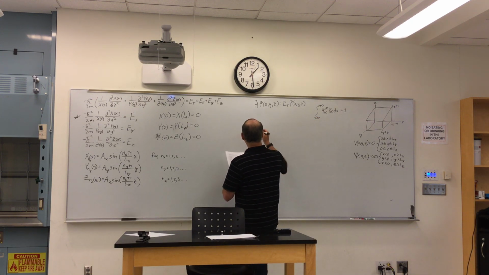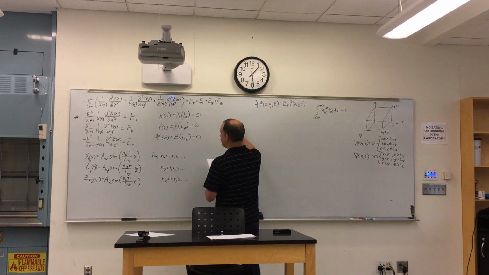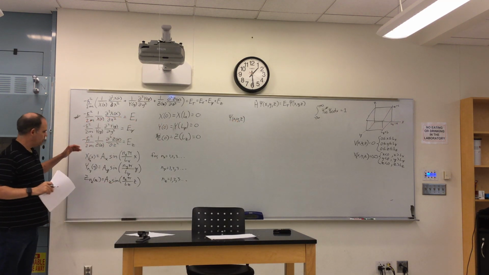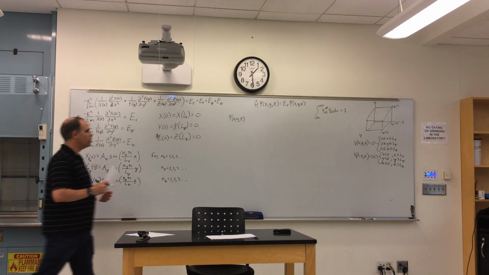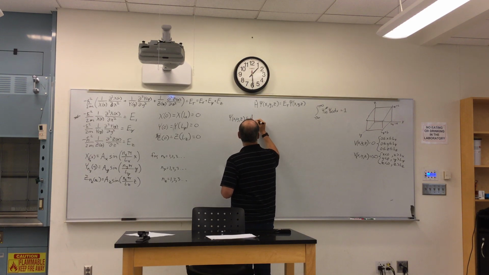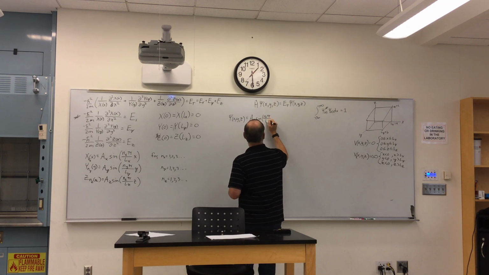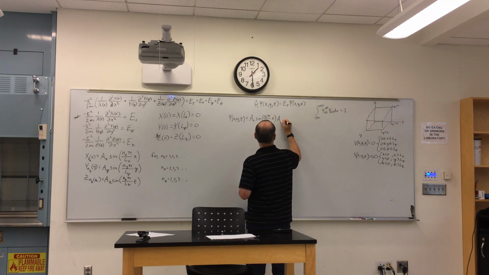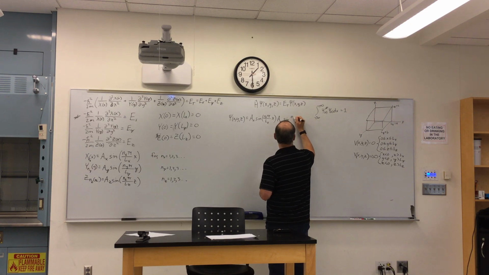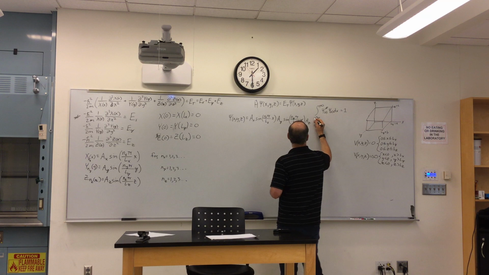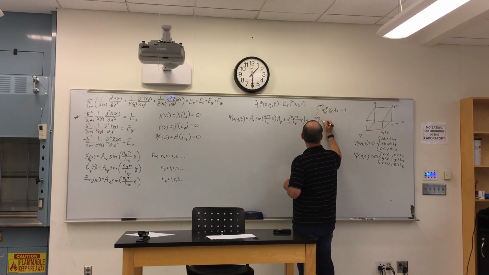So if we bring everything back together, our original wave equation in the x, y, z direction is X times Y times Z. So that would be equal to A_x sine of n_x pi over L_x x times A_y sine of n_y pi over L_y y times A_z sine of n_z pi over L_z z.